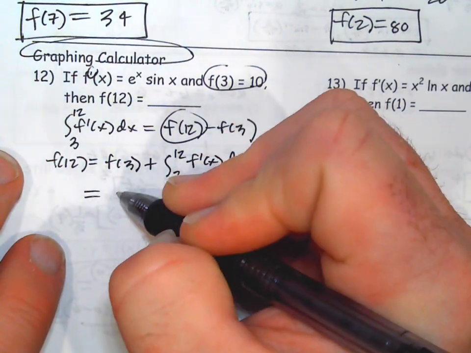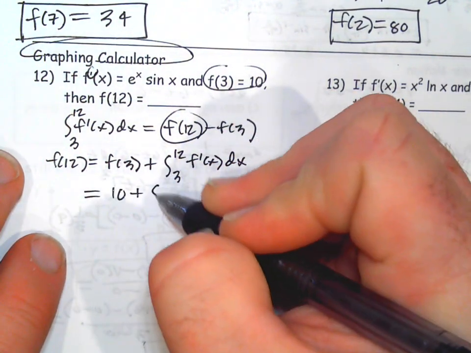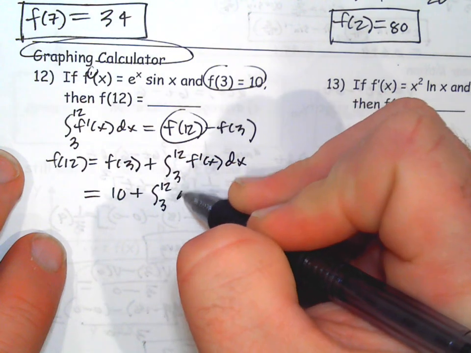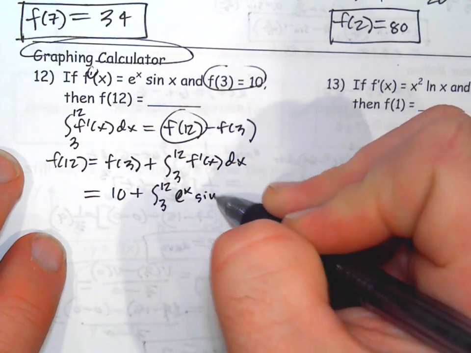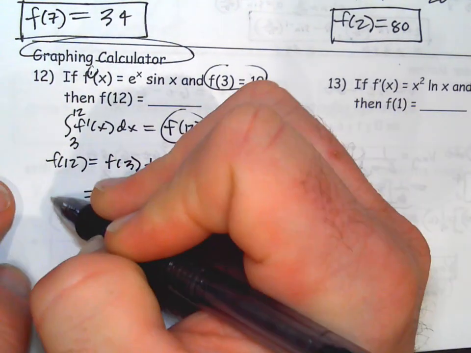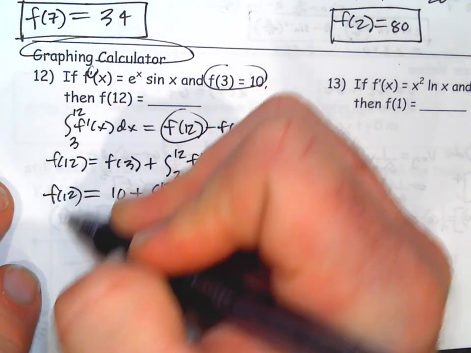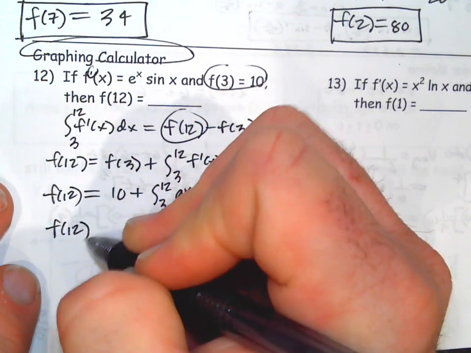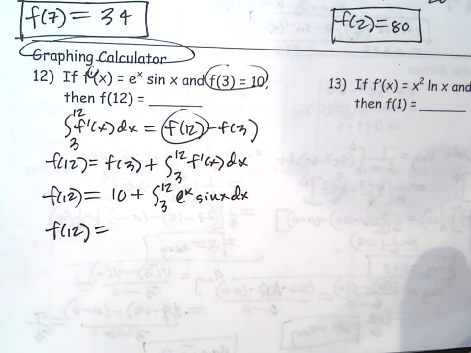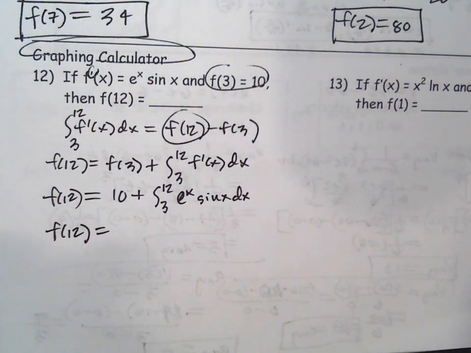So f of 3 is 10. And we do 3 to 12 of e to the x sine x, which you guys can't integrate by hand yet. I'll teach you how next year in Calc BC, or someone else will. But who cares? You have a calculator.